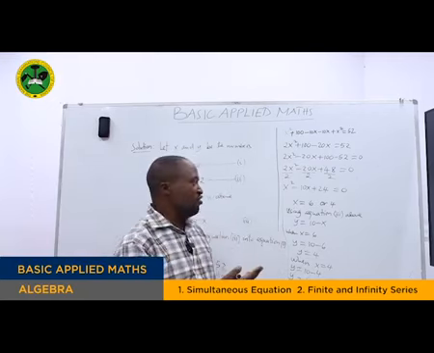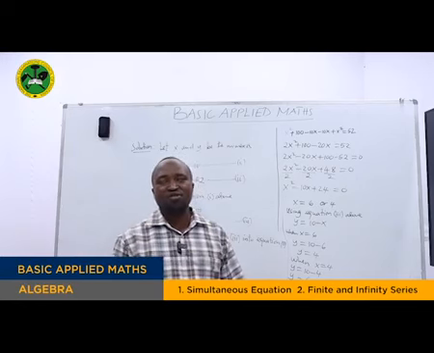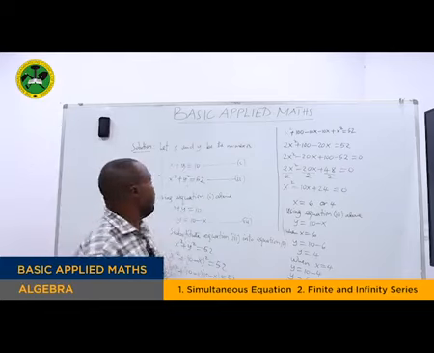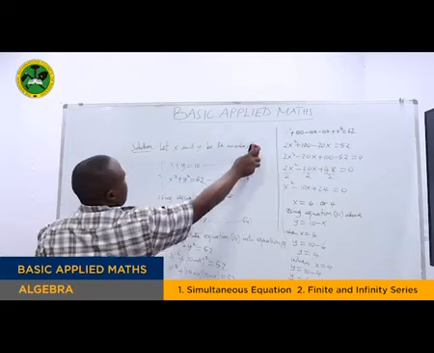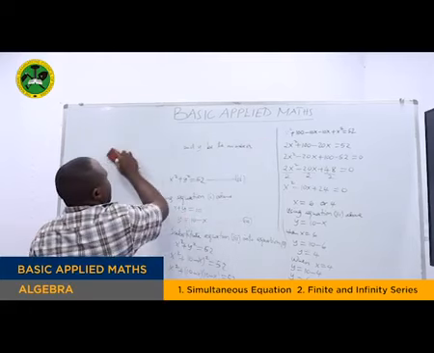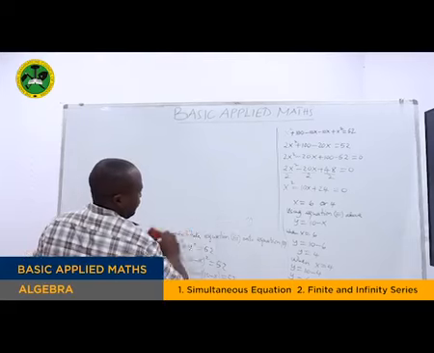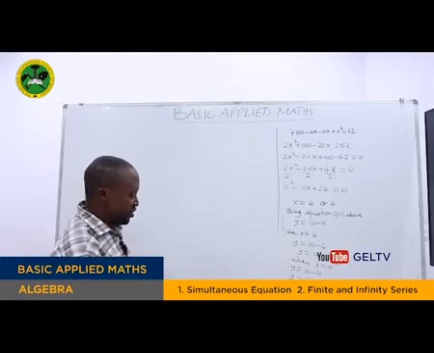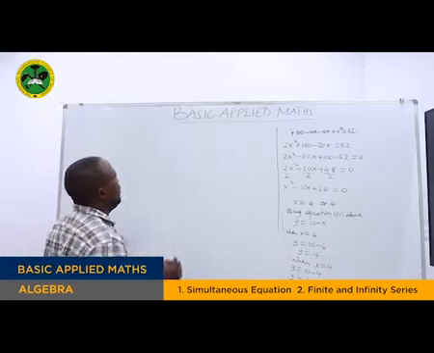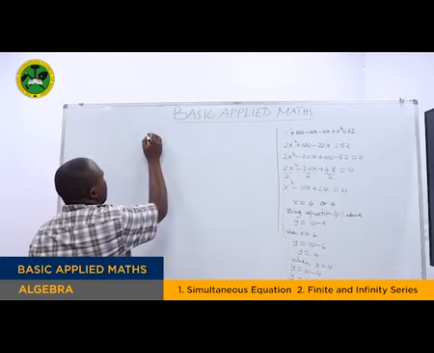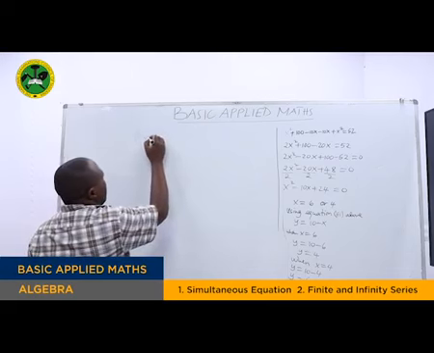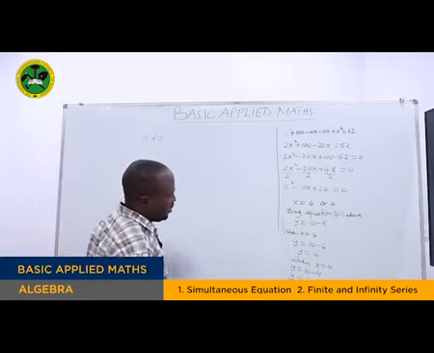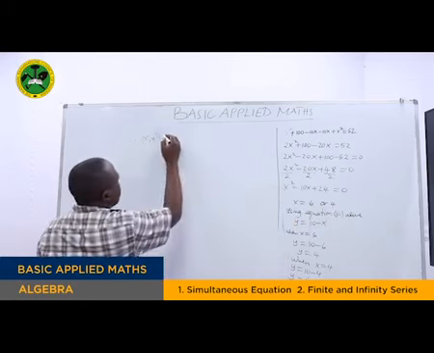Now, my dear student, we have values for x and values for y. Therefore, we can conclude by saying that x comma y is equal to, so starting with the first value of x is 6, that is 6.